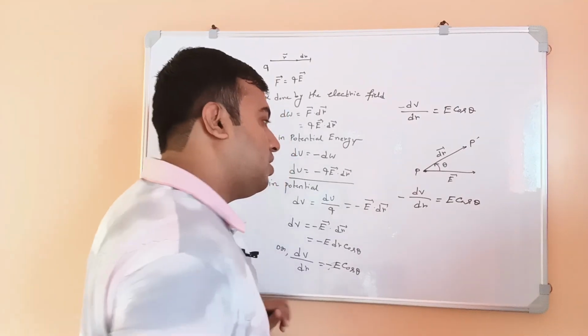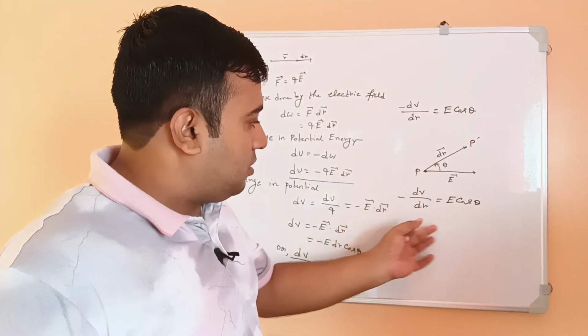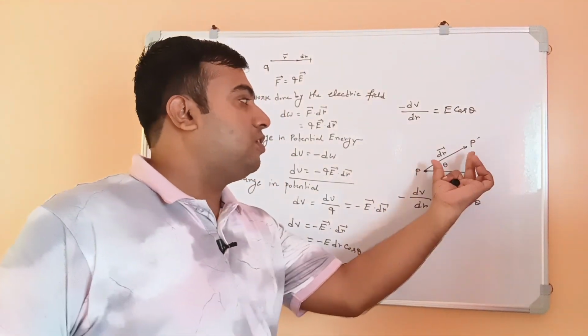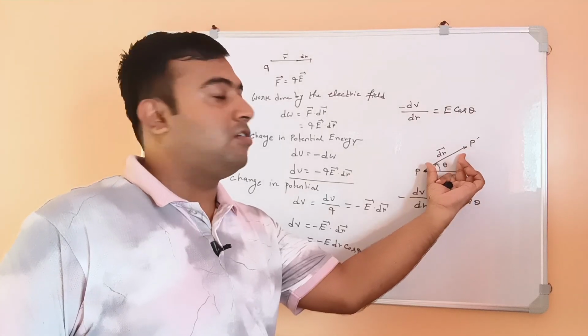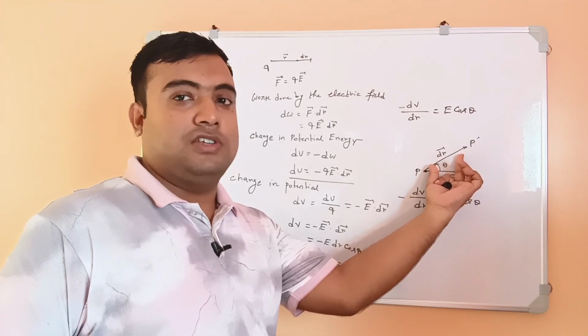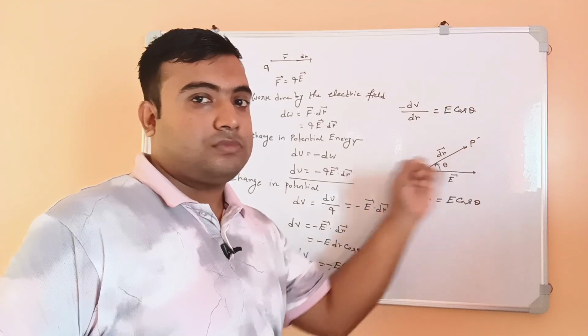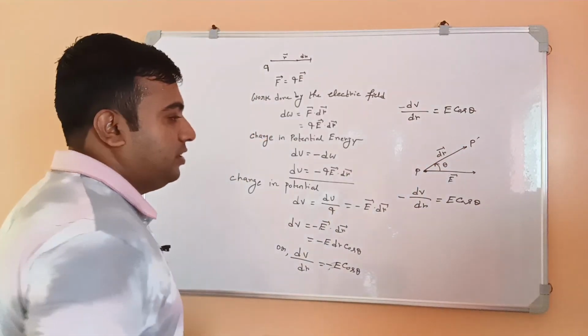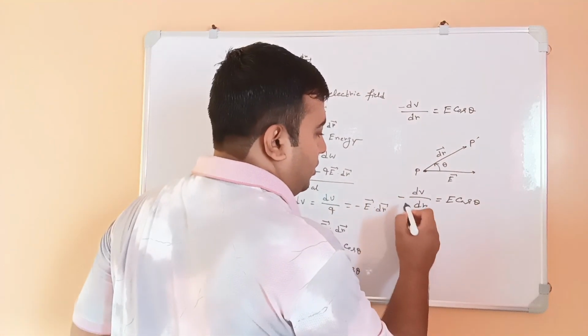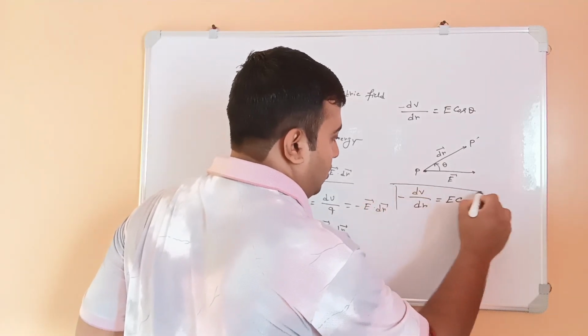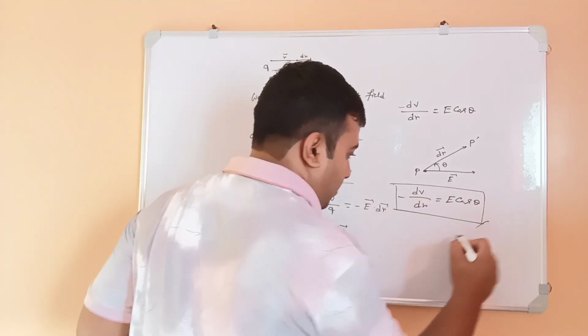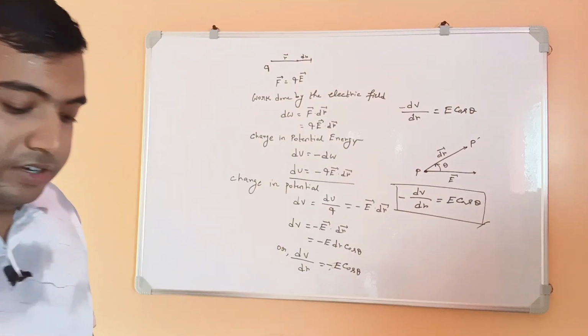So this means that E cos theta is the component of the electric field in the direction of this dr. So this is the relation between the electric potential and electric field.